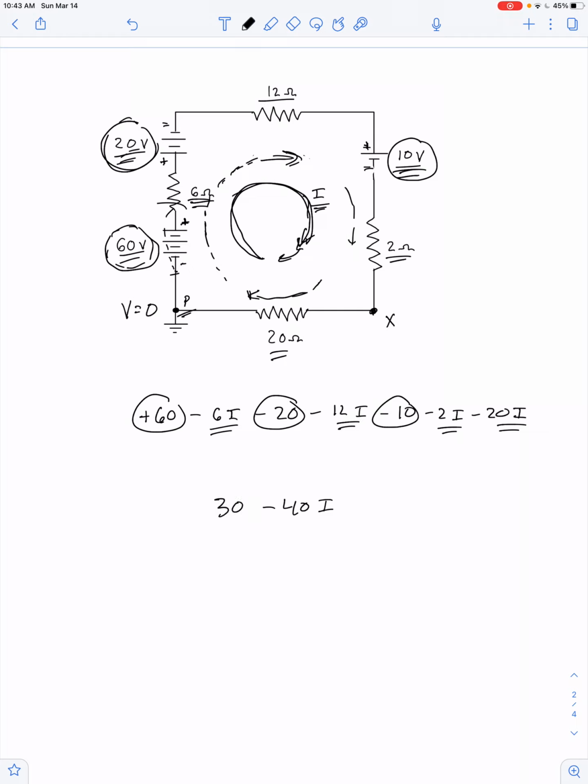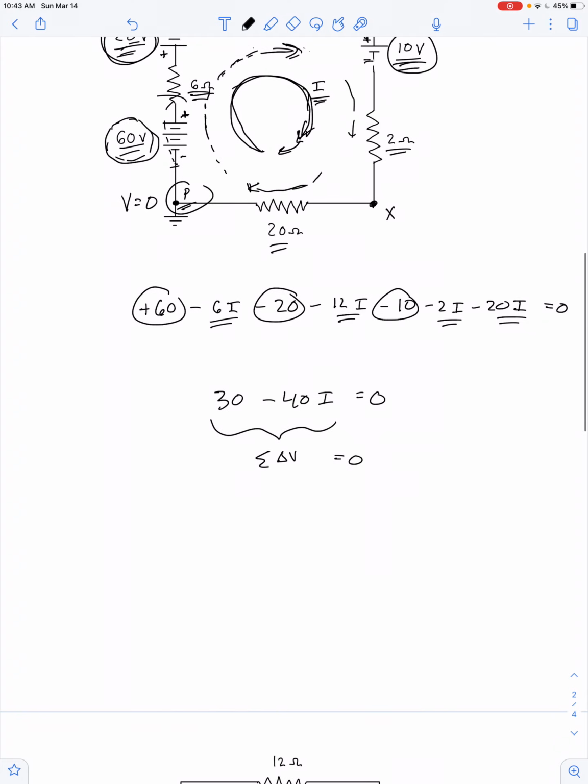And that brings us all the way back to the point where we started. So what we're really saying is all of this represents the net change in voltage, but by Kirchhoff's loop rule, that has to equal 0. So this means 40I has to equal 30, so I is equal to 3/4 or 0.75 amps.